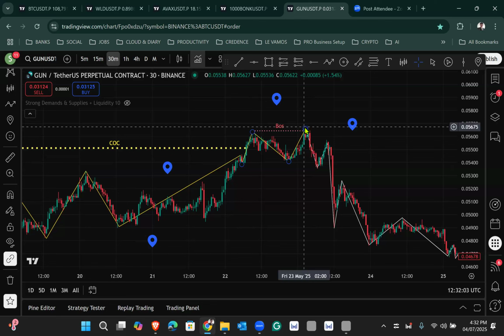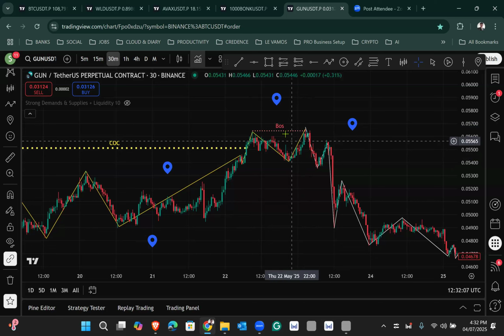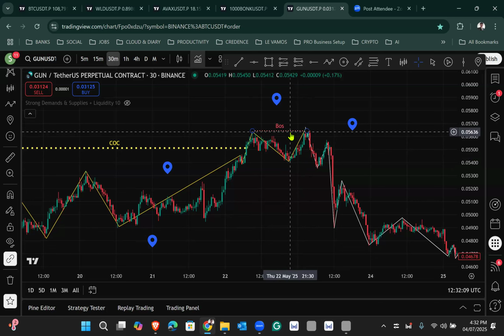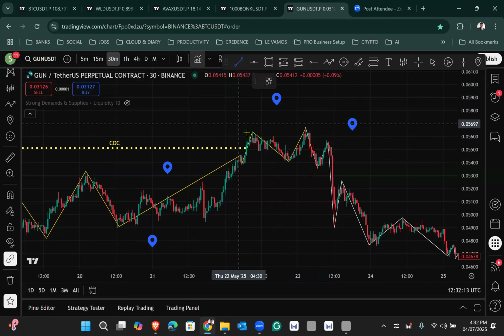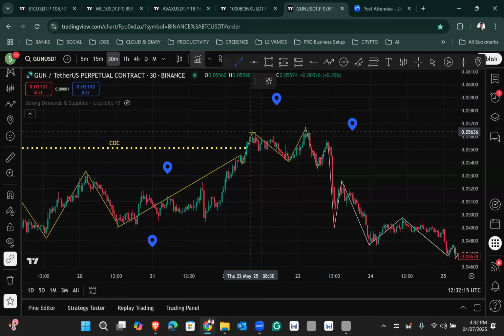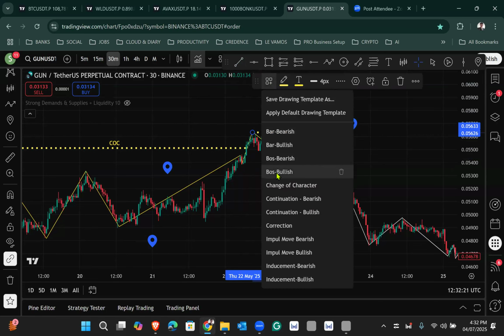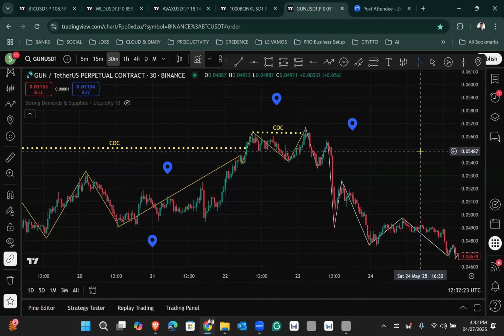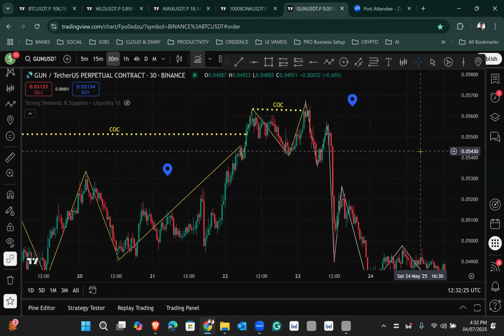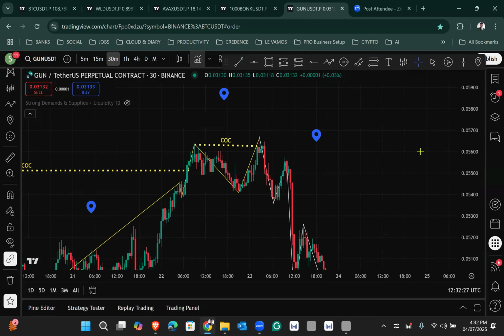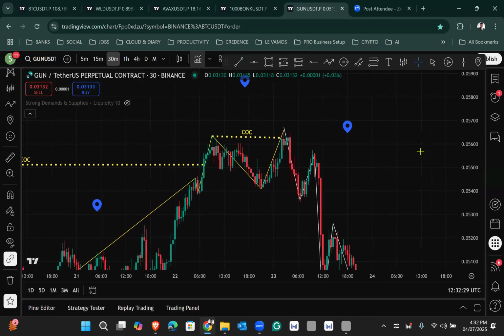Now check this COC, this move that causes the change of character. There will be no BOS because he did not take out inducement before making that move. So we cannot consider this a BOS, because it is still part of this COC move.